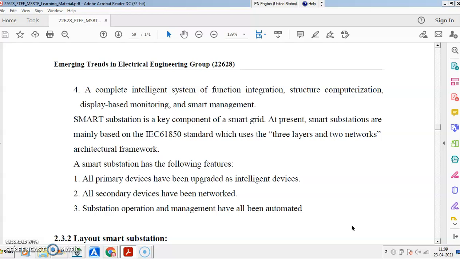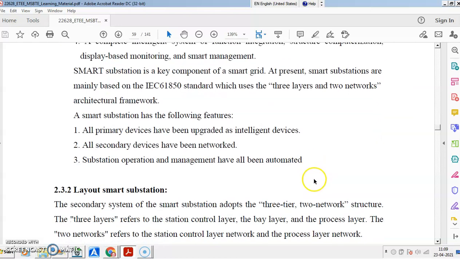By doing all these three, you may have an unattended substation. That is the concept where you may not have an operator for operating the substation. The entire substation will be a smart substation and will do its function completely based on these intelligent devices, controlling, putting on and off, and even maintaining the substation devices in the system.